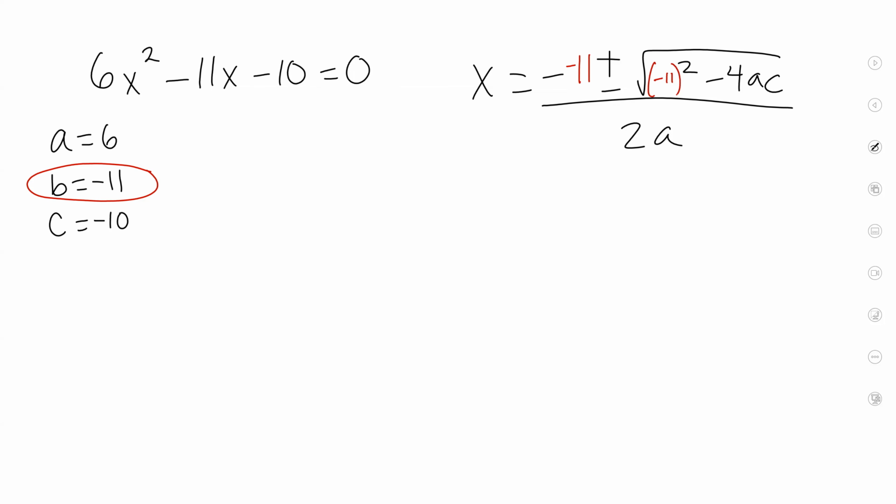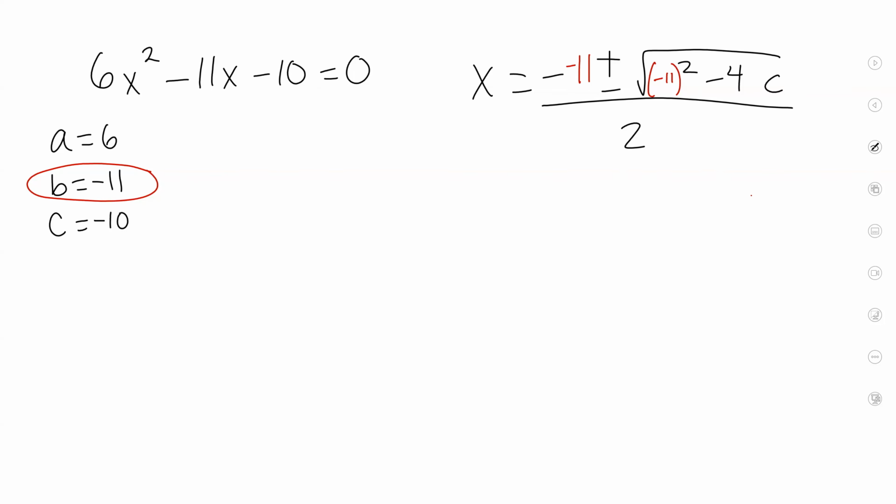I'm going to erase my A values and put in my number for A. A is 6, so I'm going to put 6's in there. And then I'm going to erase C and put in negative 10. All right, now you just simplify.